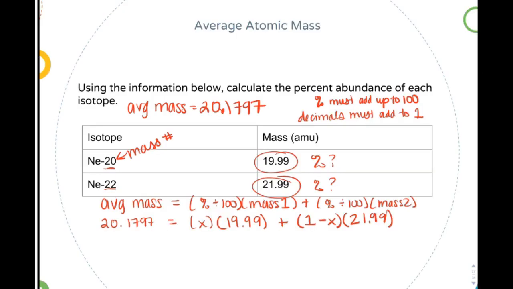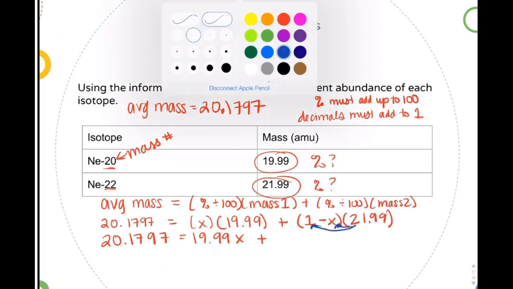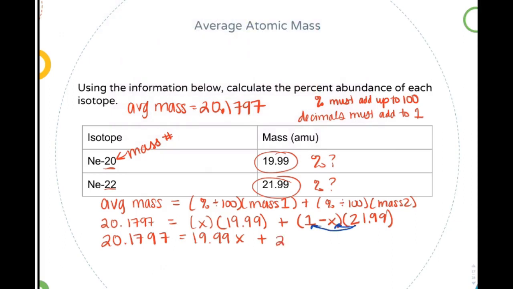And so let's just kind of move all this stuff around, make it a little cleaner. And so I have 19.99x plus, now we have to distribute. So this 21.99 is going to get distributed to the 1 and also to the x. So I have 21.99, and then this is negative, minus 21.99x.